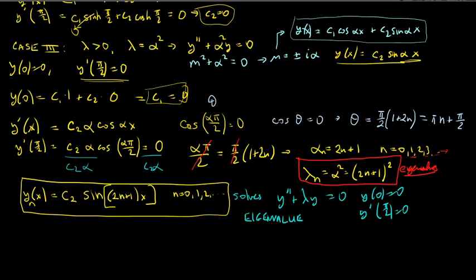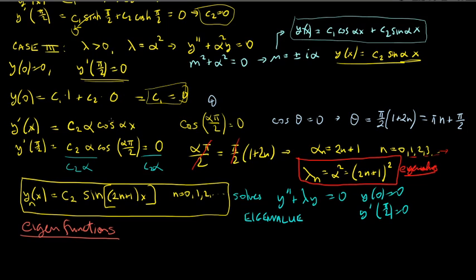And notice that the y-n's here, these are the eigenfunctions. You could call them eigenvectors if you're comfortable with the idea that functions are just sort of vectors in infinite dimensional space, but the book, I think, appropriately calls them eigenfunctions.